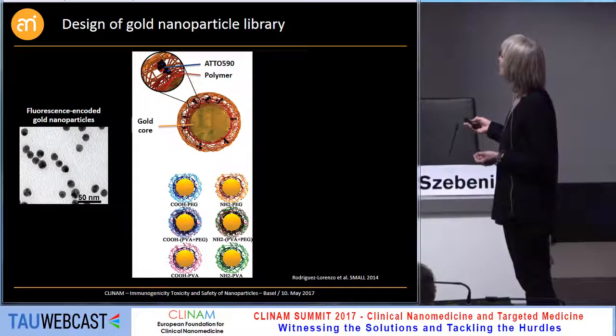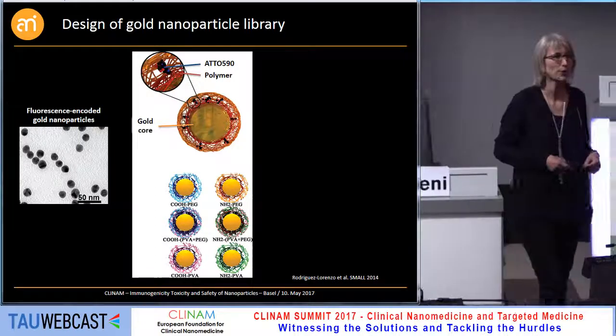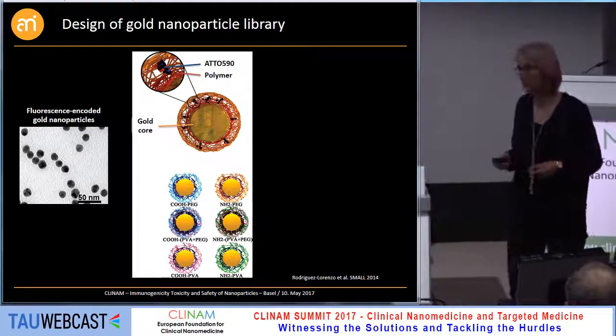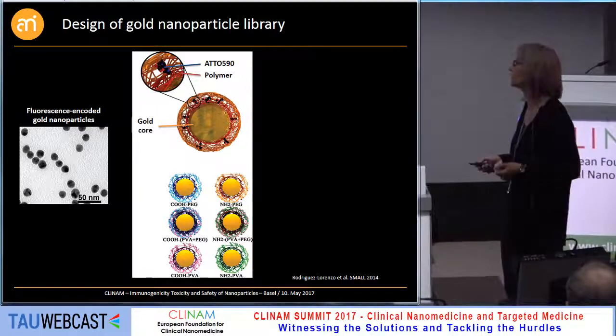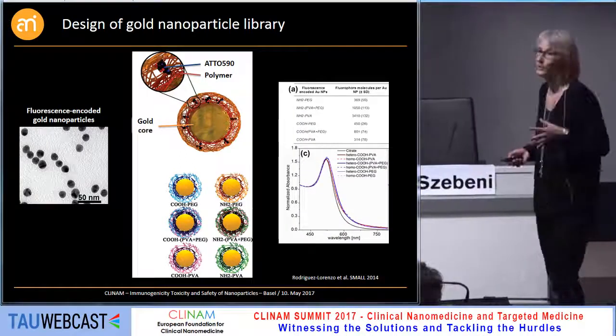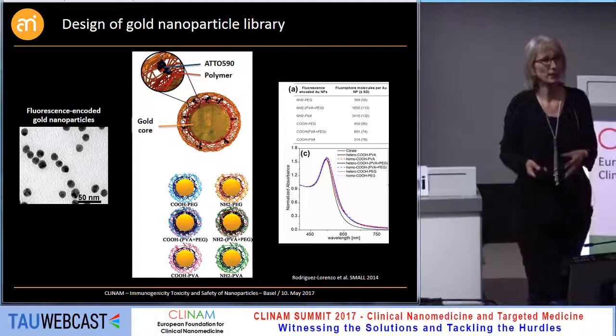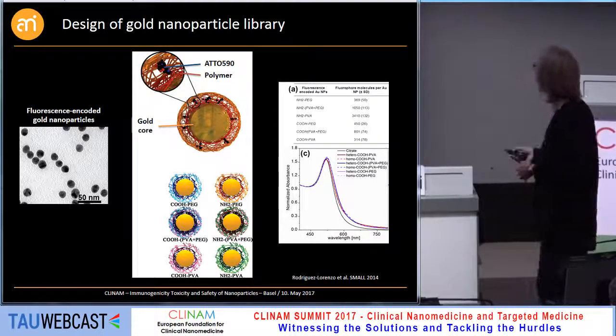Within this polymer we have incorporated a fluorophore, because it is then easy to use fluorescent techniques to visualize and quantify the particles. We have made sure that these particles are stable over 24 hours in complete cell culture medium at 37 degrees.